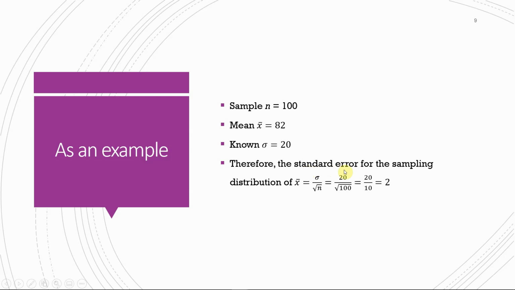So the standard error is the standard deviation for the sampling distribution. It's calculated by taking the standard deviation of the known population and dividing it by the square root of n. So it's 20 divided by the square root of 100, which comes out to be 2. So 2 is the standard error for the sampling distribution. That is, the standard deviation for the sampling distribution is 2.